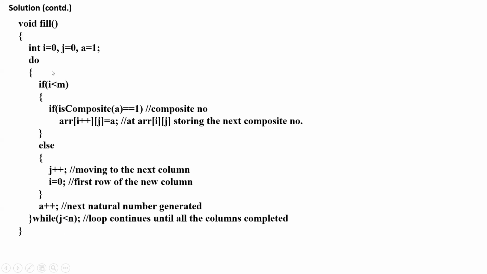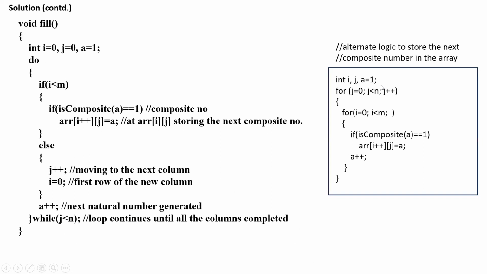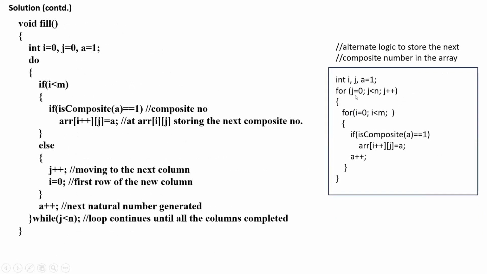Now you can notice here that I have used a do while loop and not a while loop. There is alternate logic to this concept. If I use a nested loop, normally for a 2D array we use nested loops, so it will be a little simpler and easier for the students. Let us see what I have done.